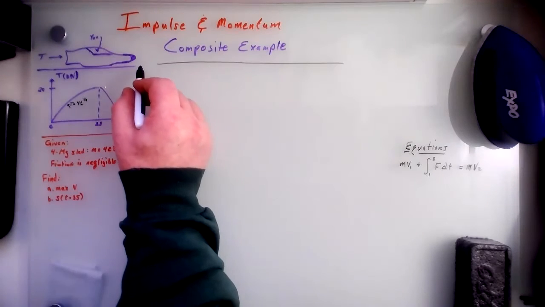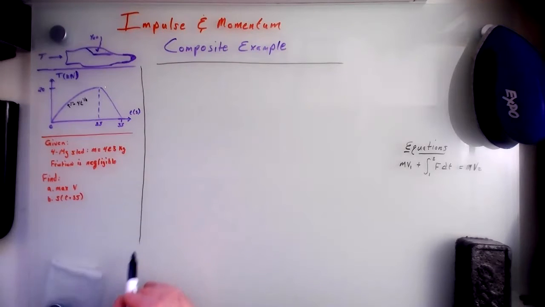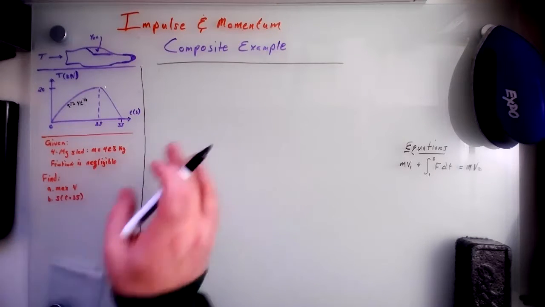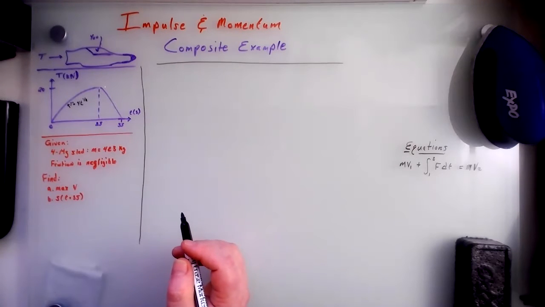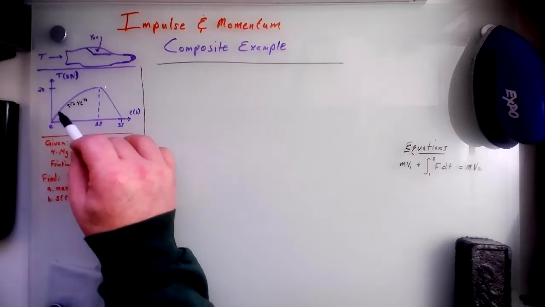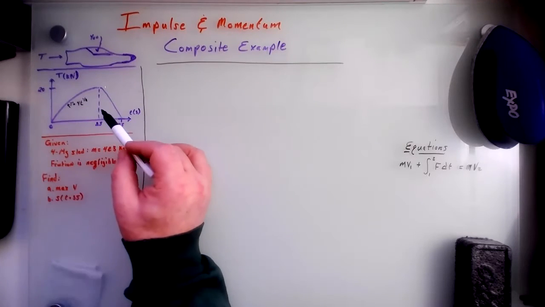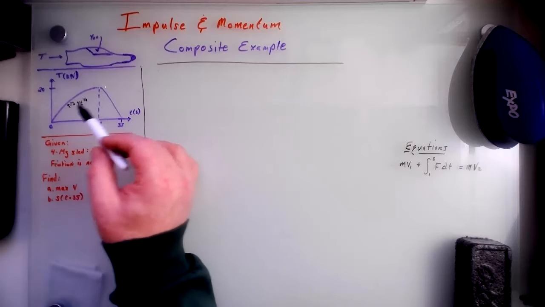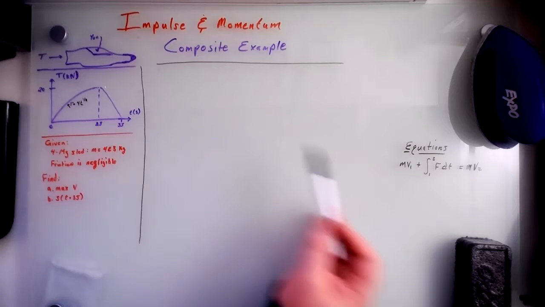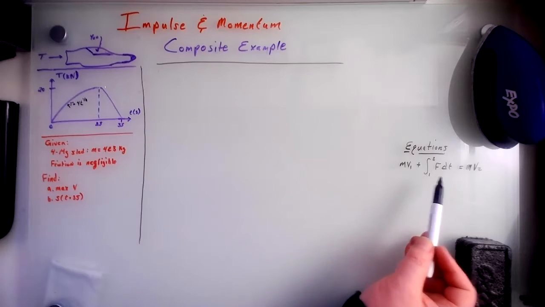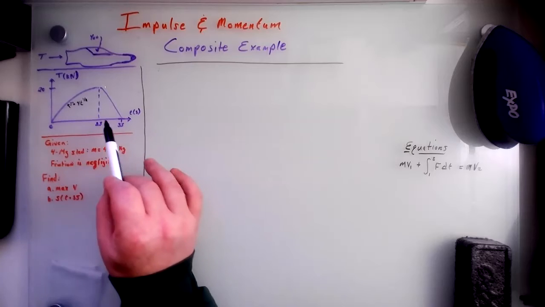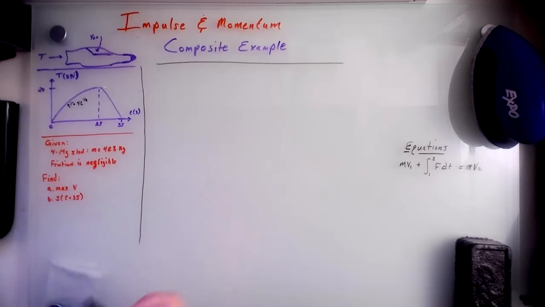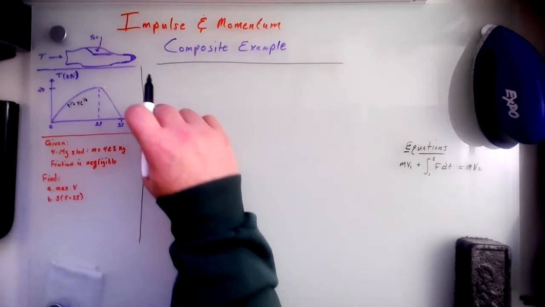I like this example problem because it gives us an opportunity to use what I'm calling a composite method. We've seen this two-stage acceleration before, and we could do this equation twice, once for the first section and once for the second section. I think that's how they do it in the answer key, but we actually don't have to.